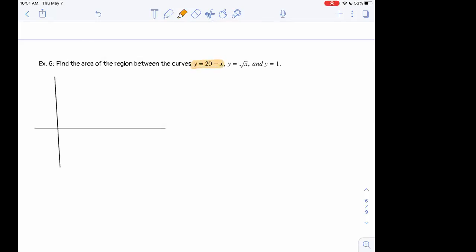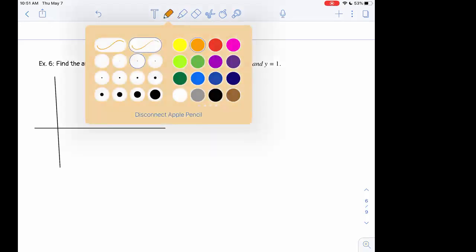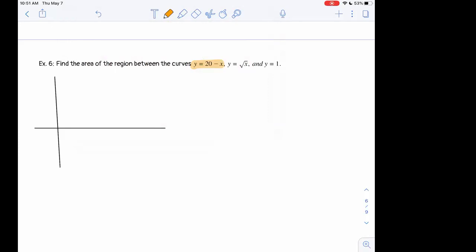So let's start with the orange one. y equals 20 minus x. What shape is this function? And what are some important points or characteristics of this graph that we know? It starts at 20 and goes down by 1, exactly.